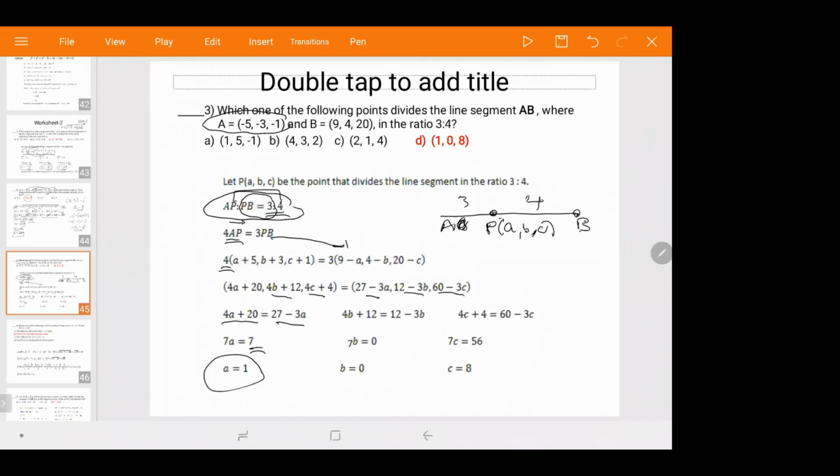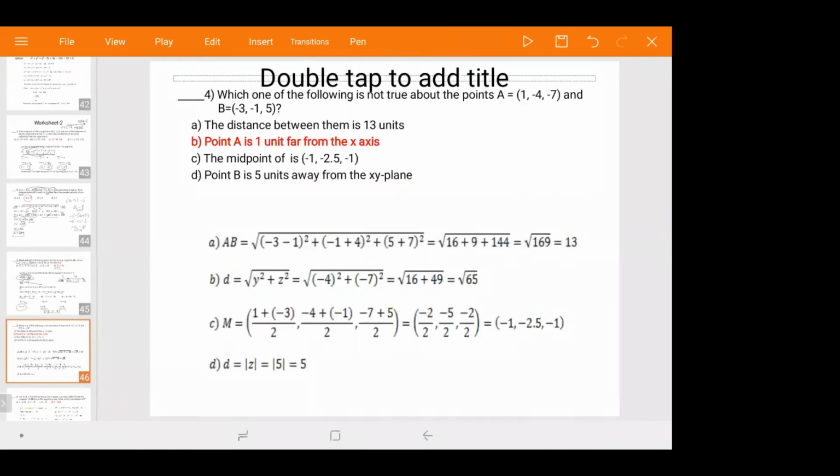From this, the value of a is 1. Similarly, you can find the values of b and c as 0 and 8. So the point P that divides the line segment AB in the ratio 3 to 4 is the point with ordered triple (1, 0, 8). Therefore, the answer will be D.